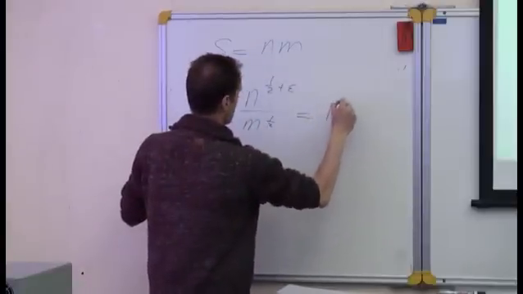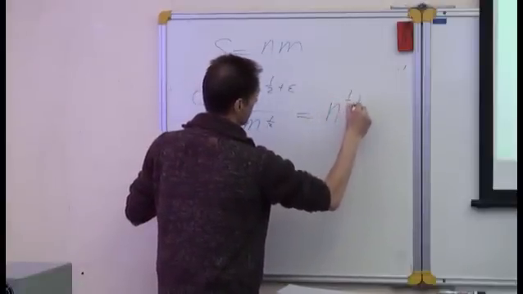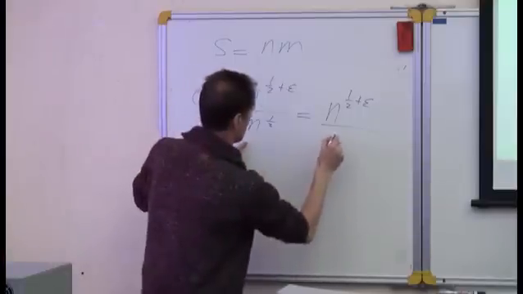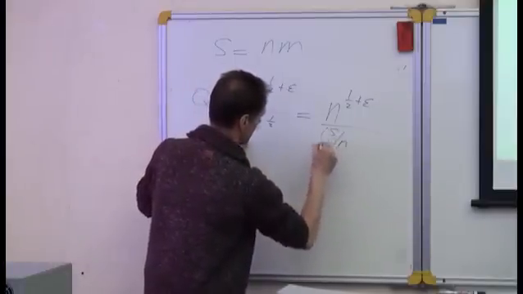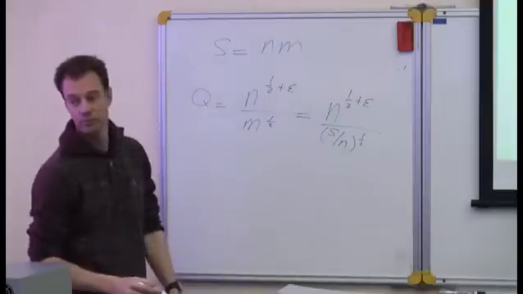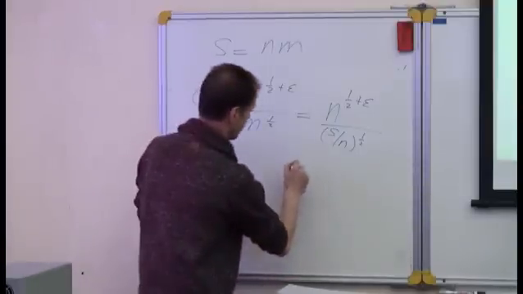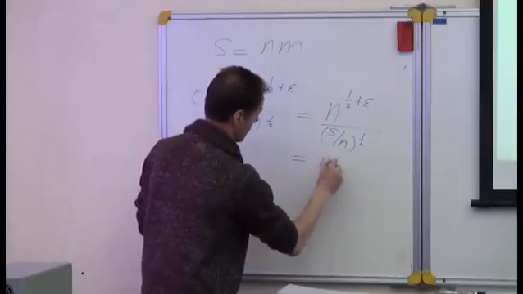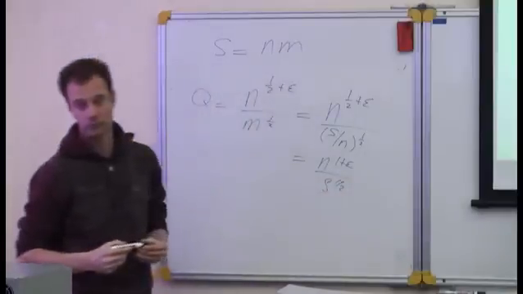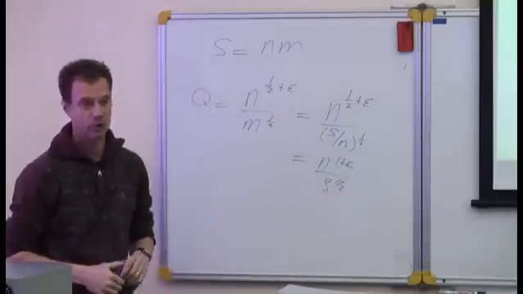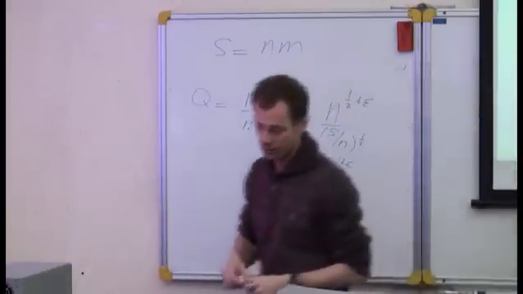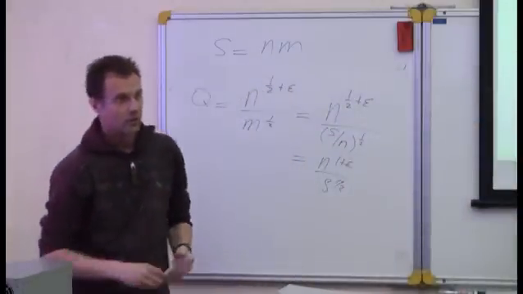So I get n to the 1/2 plus epsilon divided by S over n to the 1/2, which is n to the 1 plus epsilon divided by S to the 1/2. So this is not a different result, it's just written in a different way.